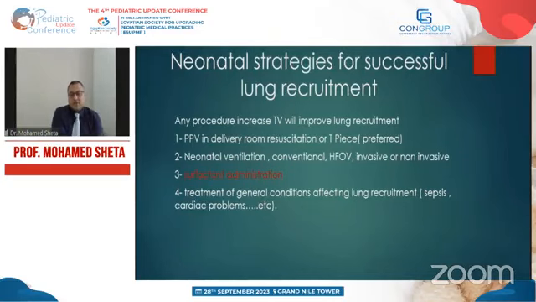It's preferred over the Ambu bag. If you do BBV by Ambu bag or T-piece at delivery room because the baby has respiratory distress, this is a strategy of lung recruitment because it increases the tidal volume and opens up the alveoli as we mentioned before.